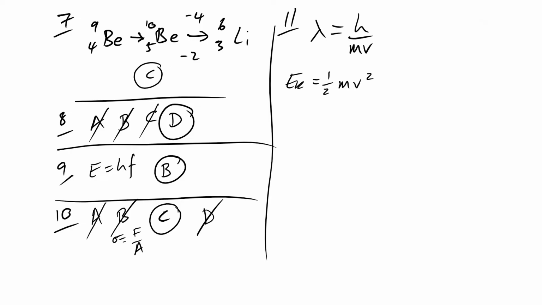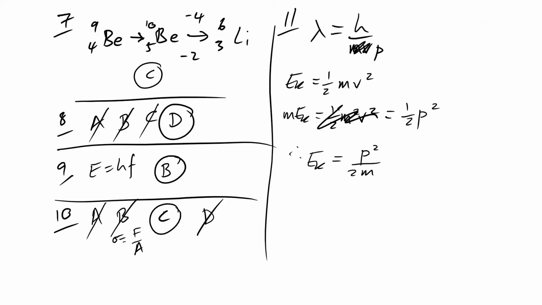Whenever a question involves comparing momentum and kinetic energy, what we want to do is take kinetic energy, multiply both sides, so we end up with half m squared v squared, and that is equal to half times the momentum squared if we replace the bottom of our de Broglie wavelength equation with p for momentum. Therefore, kinetic energy is equal to p squared divided by 2m.